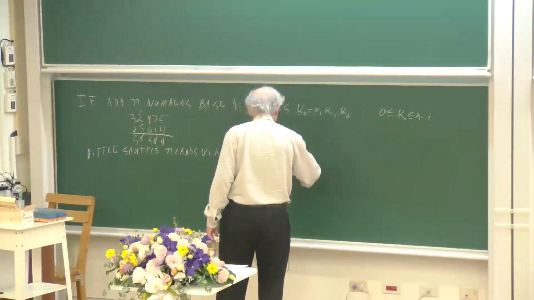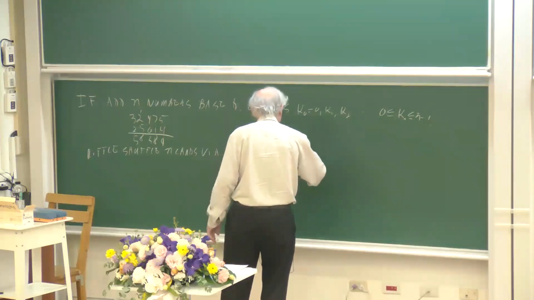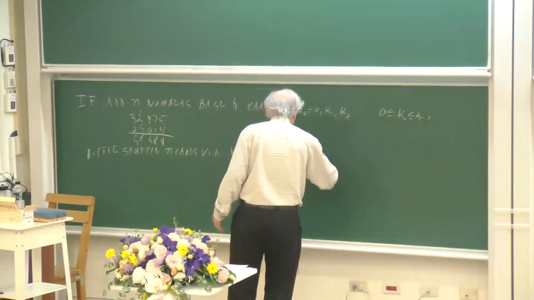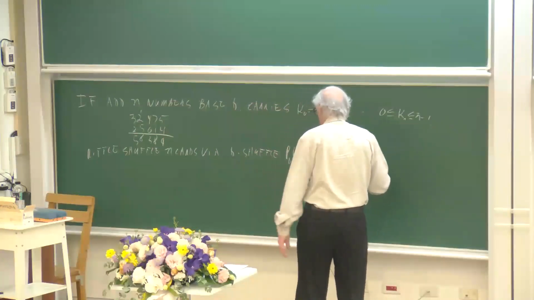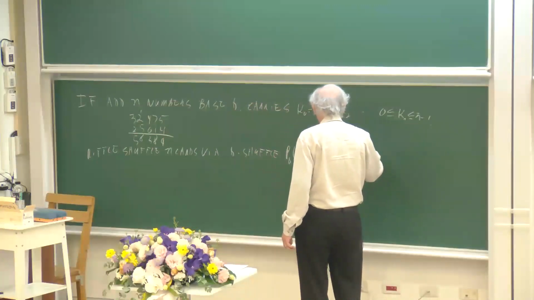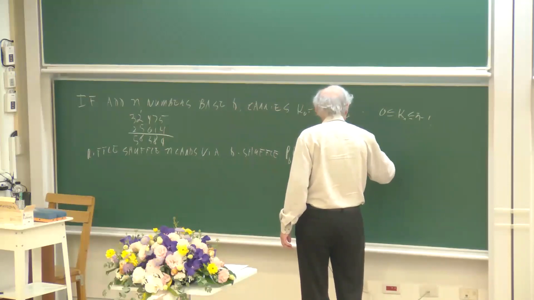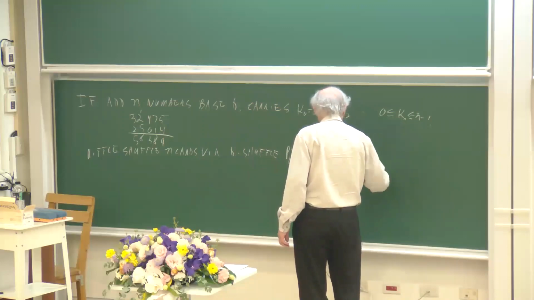So P sub B of permutation sigma, there was this nice formula. So it's a probability distribution on the symmetric group. It's n plus B minus R, choose n divided by B to the n.